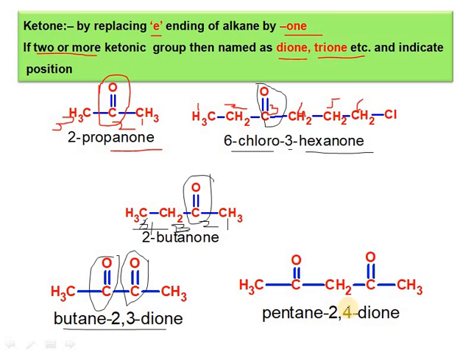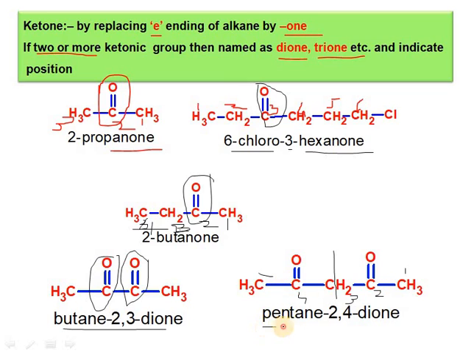Similarly, we have taken another structure like this. It is a symmetrical structure because this side and this side are similar, and therefore numbering can start from any one side. This is 1, this is 2, this is 3, 4, and this is 5.